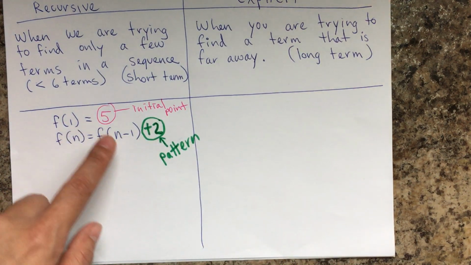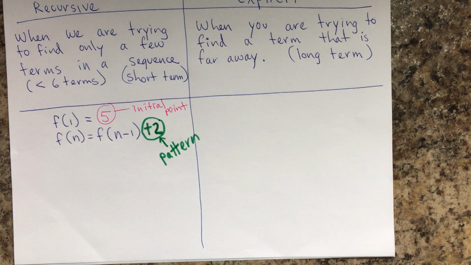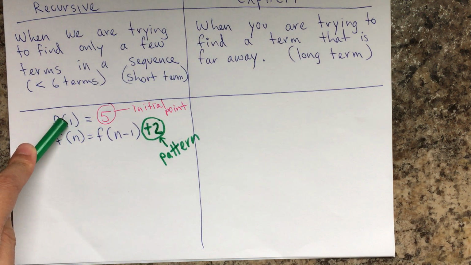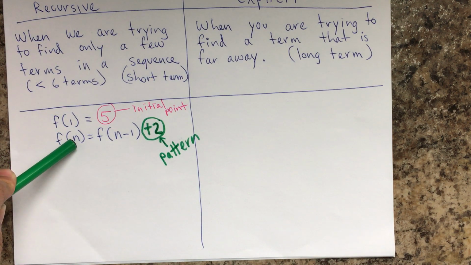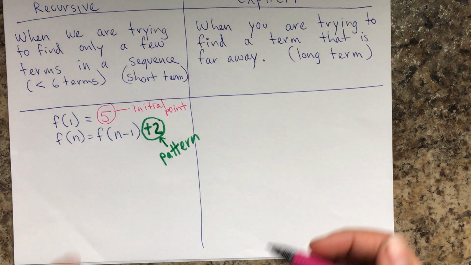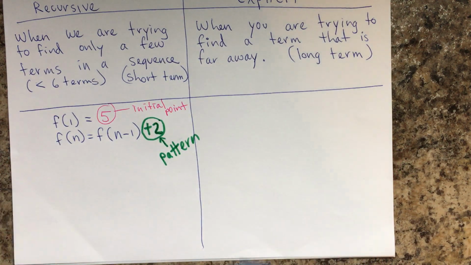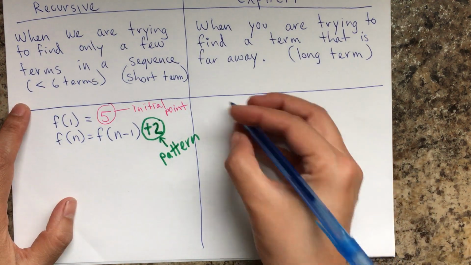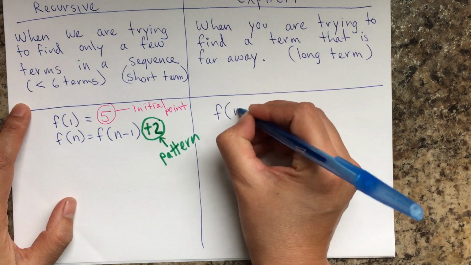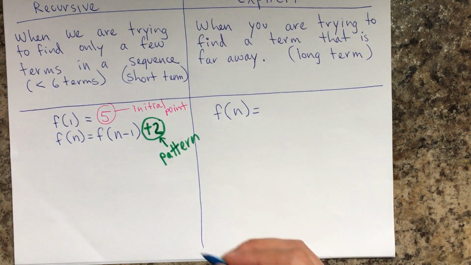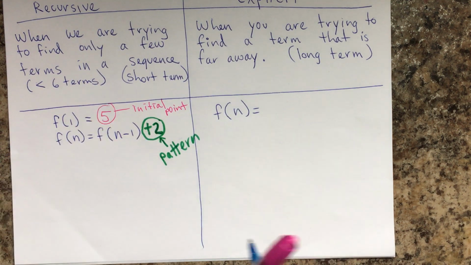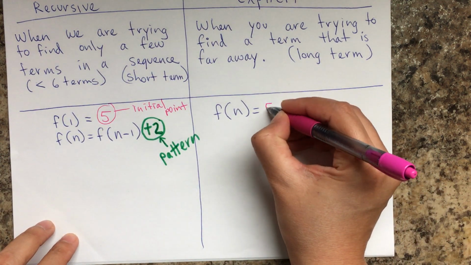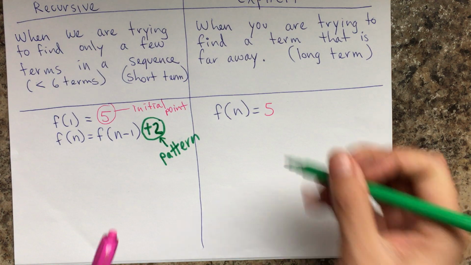Okay, and so that's how an arithmetic sequence would look in the recursive formula. Okay. Now, what about for the explicit? The explicit only has one part. So it will be always f of n equals, and this includes the initial and the pattern. The initial point right next to the pattern.